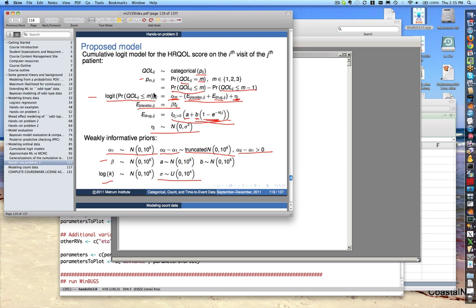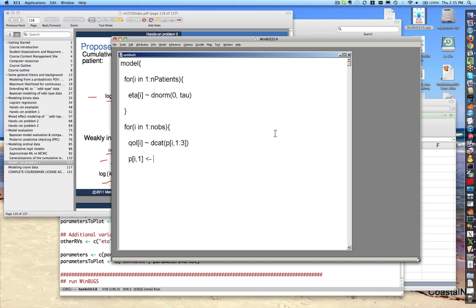But first we're going to have to write out our individual probabilities in terms of that cumulative, and that's basically what you see going on up here, where I have this pi_j equals the difference between the cumulative probabilities. So I'm going to just call that pcum[i.